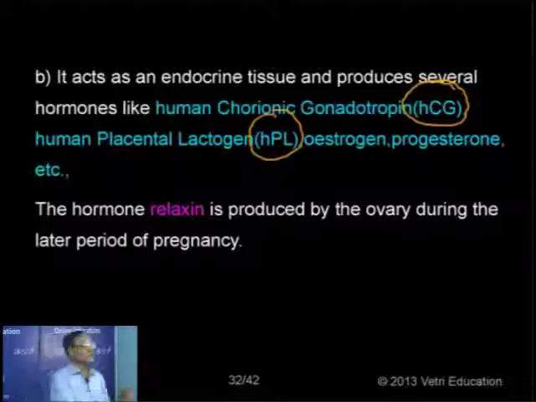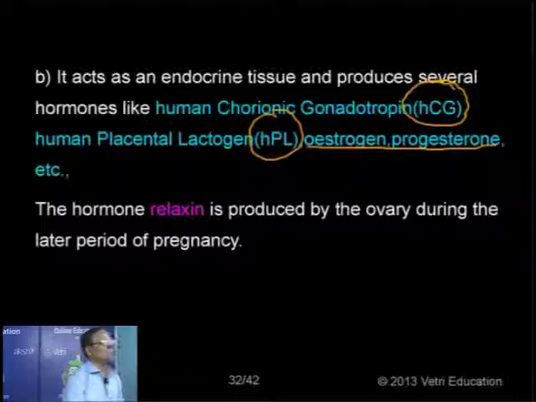Along with these, the steroidal hormones estrogen and progesterone are also secreted by the placenta at a later stage of pregnancy. All these are responsible for maintaining the pregnancy. So the placenta secretes human chorionic gonadotropin, human placental lactogen, some amount of estrogen, and some amount of progesterone.